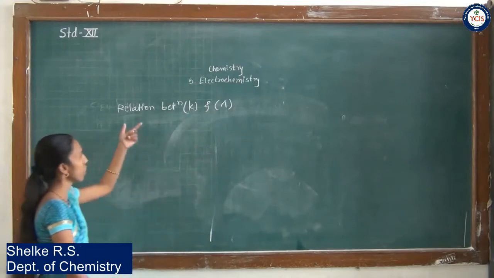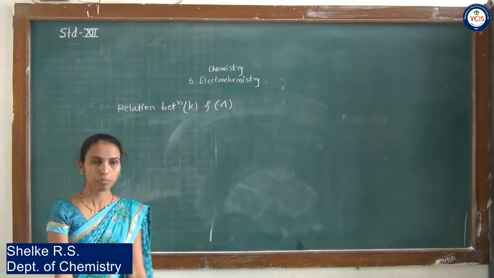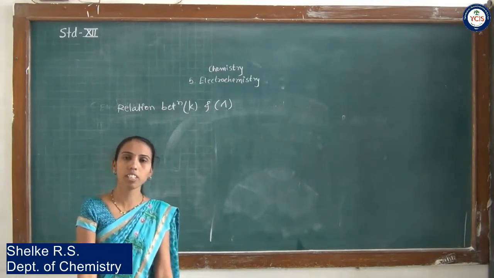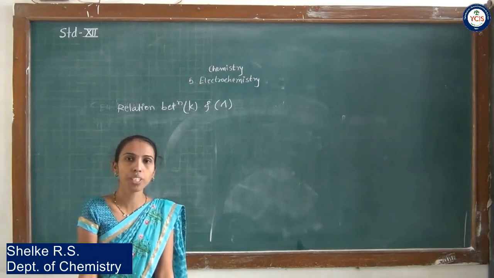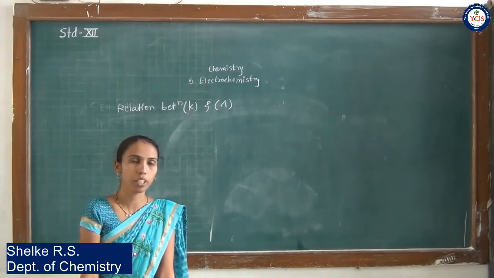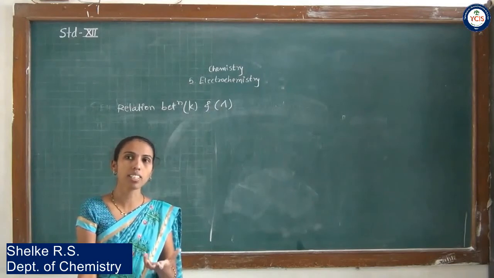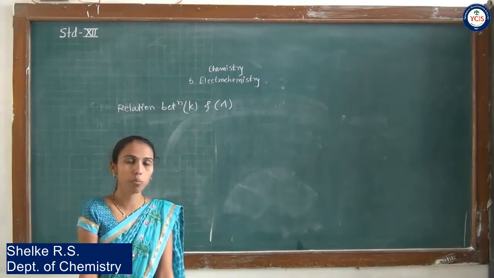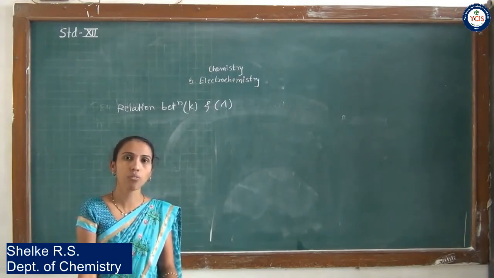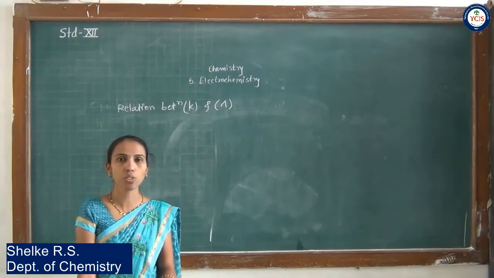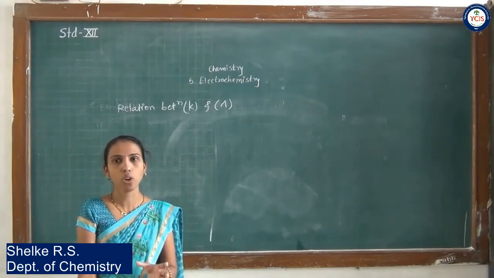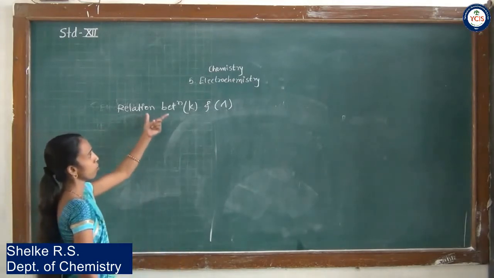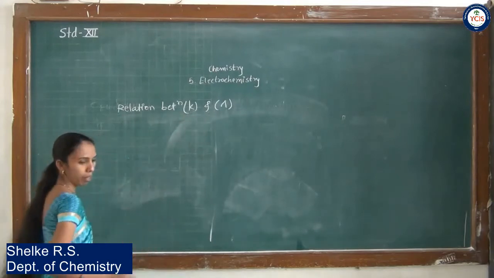Okay, so we'll see the relation between these. Now see, I have told that the electrolytic conductivity is the conductance of solution of a unit volume, means 1 cm cube or 1 meter cube. The solution चा volume किती असणार आहे? 1 meter cube किंवा 1 centimeter cube. That will be the electrolytic conductivity. And molar conductivity is the conductance of a solution which contains the ions of 1 mole of electrolyte.